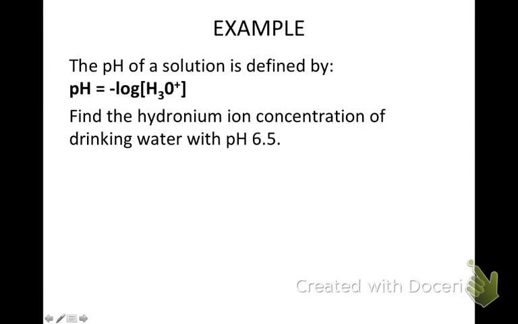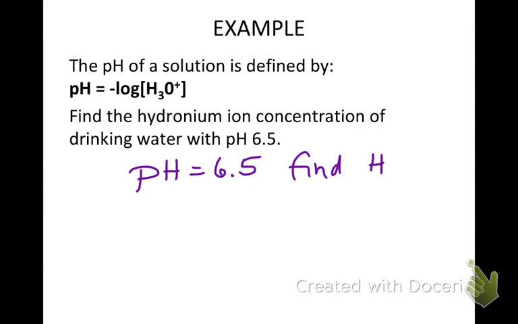All right. So what would be your hydronium ion concentration of the drinking water if your pH was 6.5? So where's that 6.5 going to go if that's my pH? That's going to go on the left side of my equation, right? So now if my pH is equal to 6.5, we need to find our hydronium ion concentration, or H3O plus.